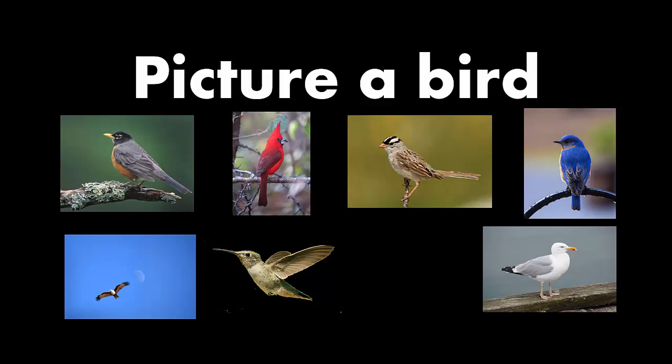Not even a grouse, which is a pretty common bird around where I live, but it's not one that people choose because it's an odd bird that, although it's capable of flight, it doesn't like to fly. And so when you startle one in the woods, they flap their wings like crazy, and then they just kind of run away. So we don't choose it because it's not our image of what a bird should be.